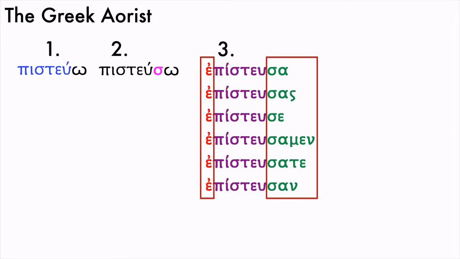Now, if you've got your thinking cap on, you might say to yourself, what will happen when that sigma alpha ending tries to get added to a verb that already ends with a consonant? Well, let's run that.